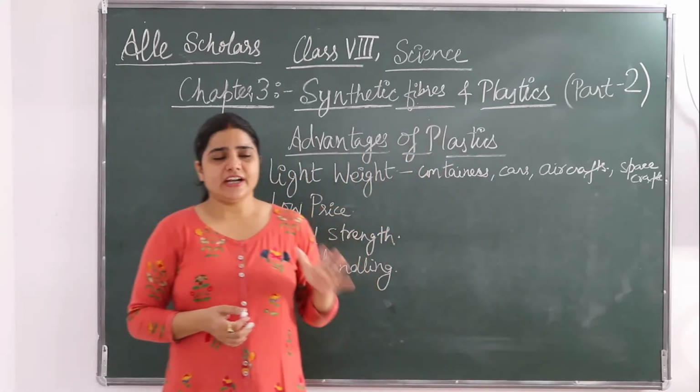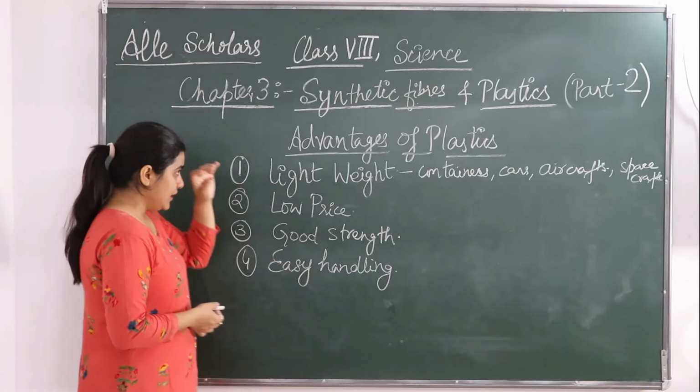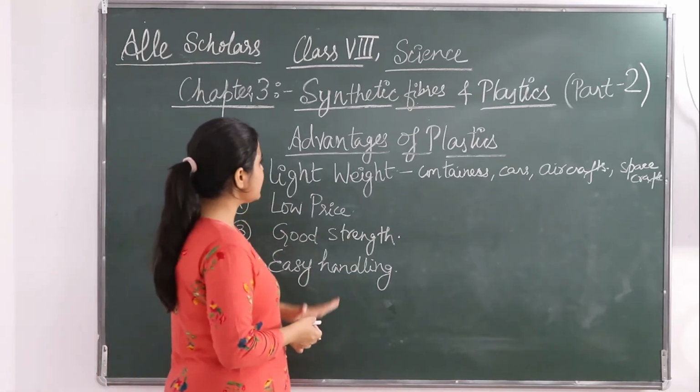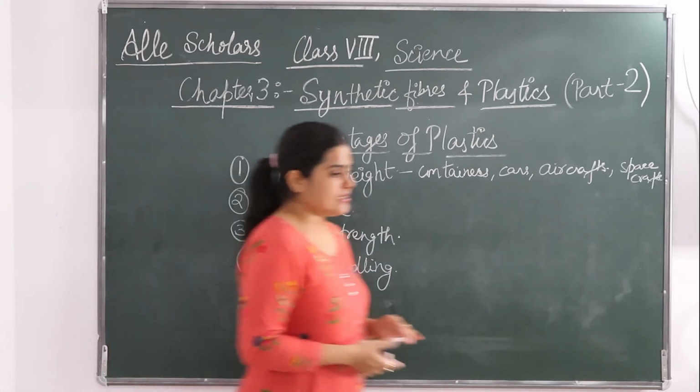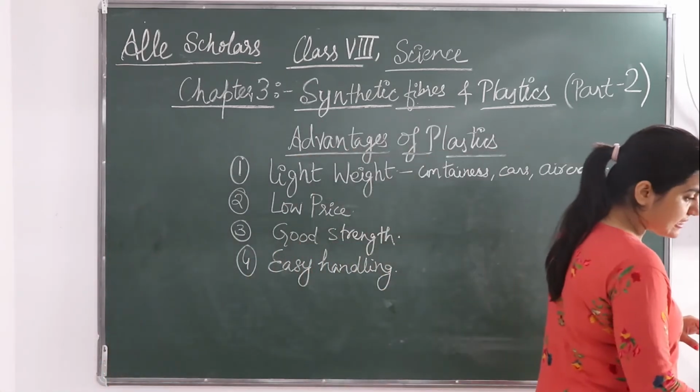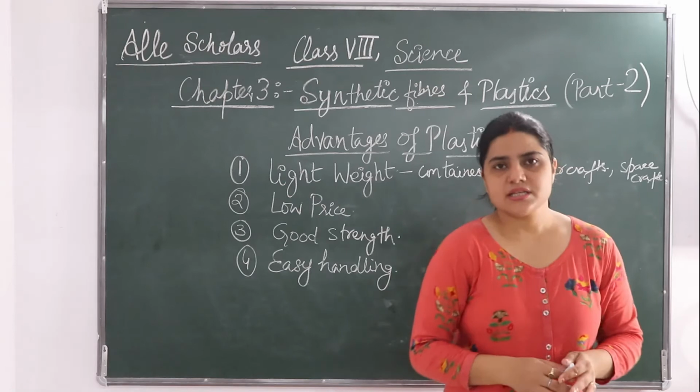So variety of things are there where plastics are used. So this was about the advantages of plastics. Now we shall be discussing about some of the characteristics of plastics.